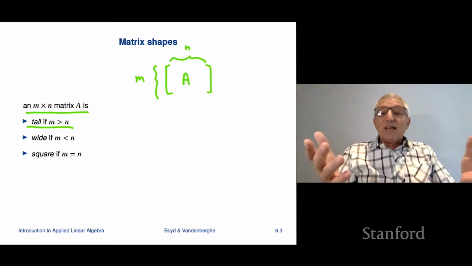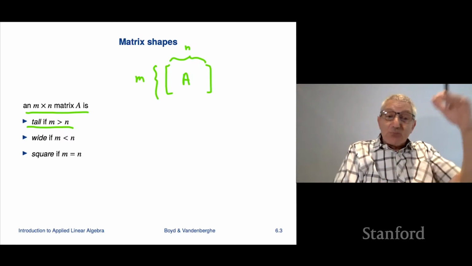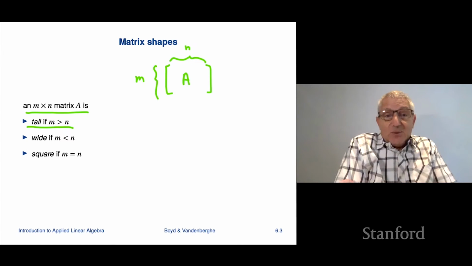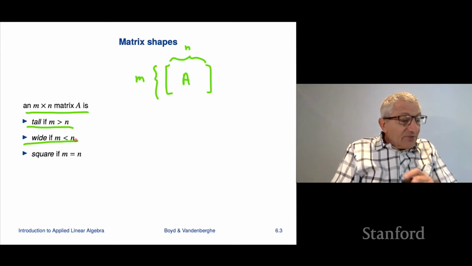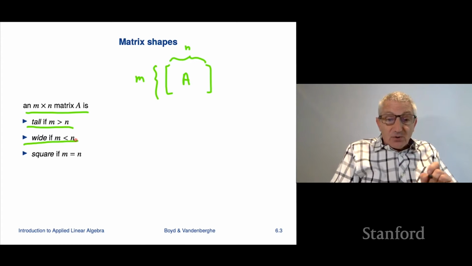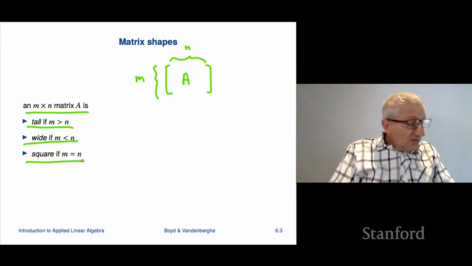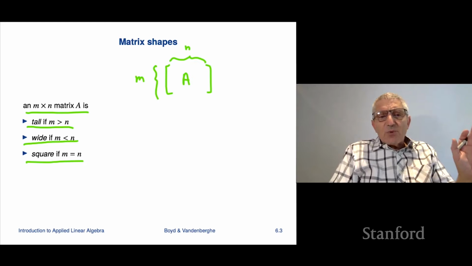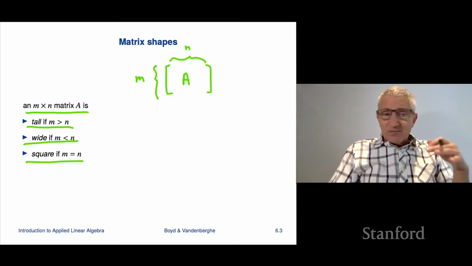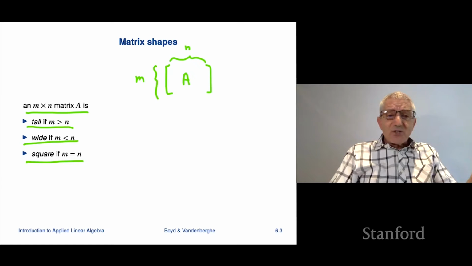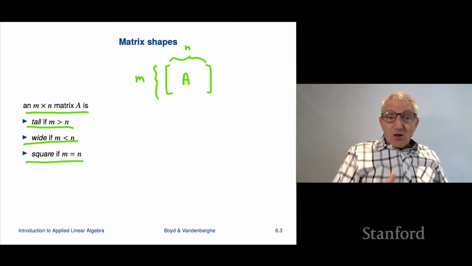If the entries took a constant width, then it would physically be taller. It's wide if there are more columns than there are rows. And it's square if there's an equal number of columns and rows. I think these are pretty well standard terms. Anybody in math or applied math or any associated field would understand these terms. So you have square, tall, and wide.